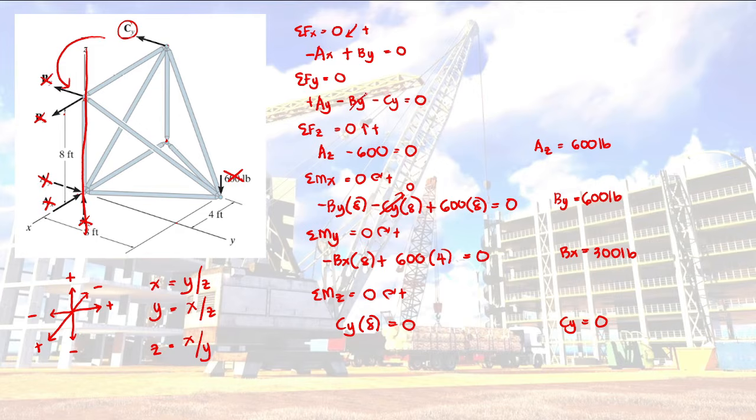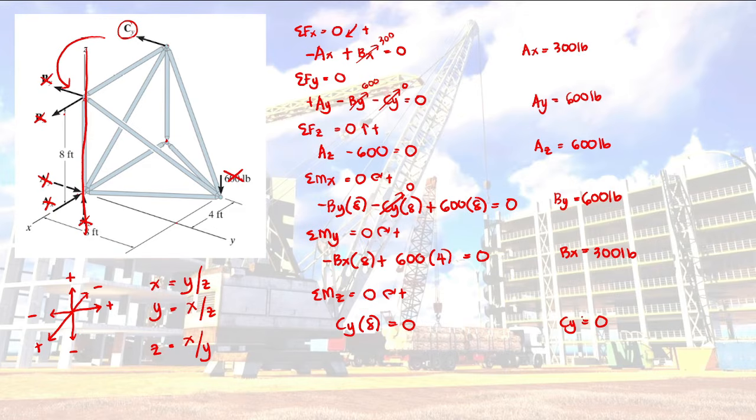Then our CY is 0. So ang AY natin dito is equal to positive 600. Then, how about here? Oh, sorry, this should be BX pala siya. So, our BX, na-solve natin siya as 300 pounds. So, ang AX natin dito is also 300 pounds.